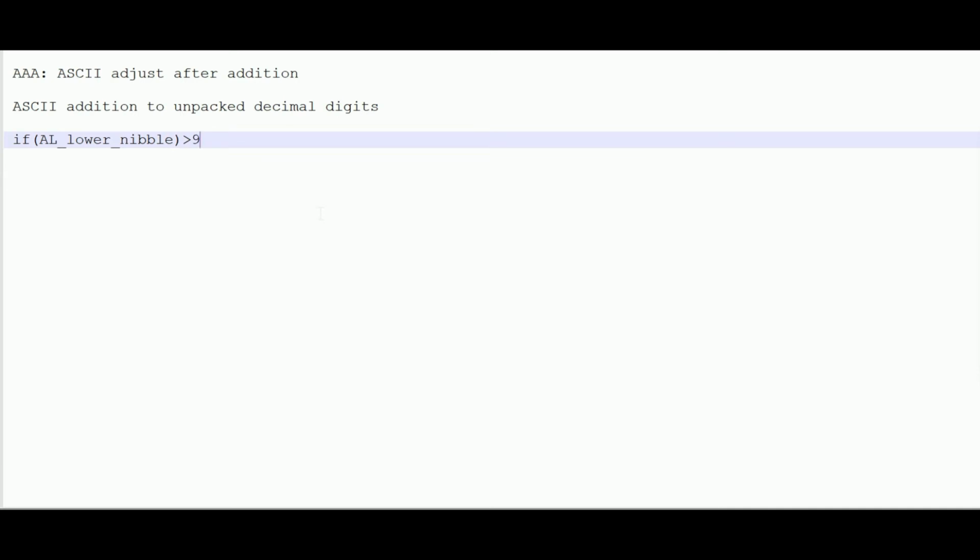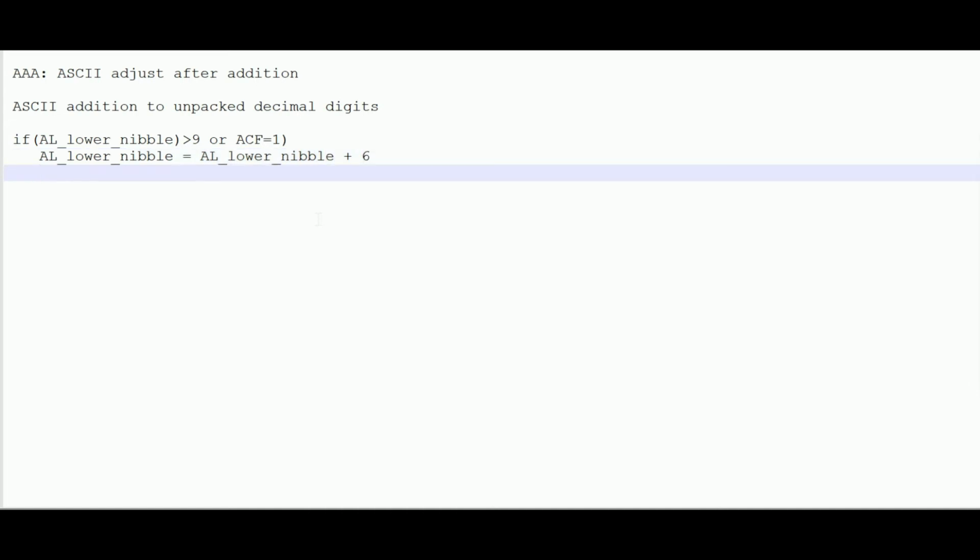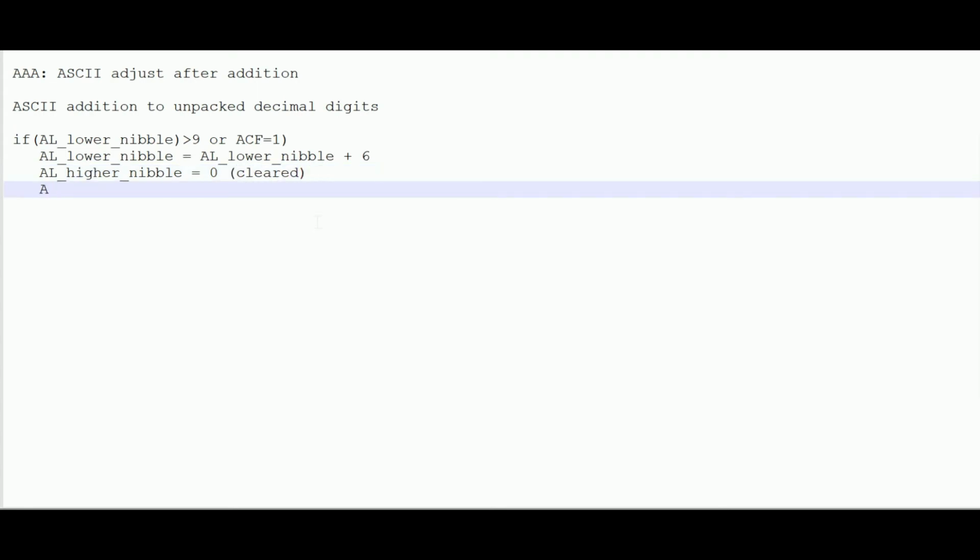So it can be 10, 11, 12, 13, 14, 15, which have equivalent hexadecimal A, B, C, D, E, F. Or if your auxiliary carry flag is equal to 1, then AL lower nibble equals AL lower nibble plus 6, and AL higher nibble is reset or cleared. Apart from that, the content of AH equals AH plus 1.